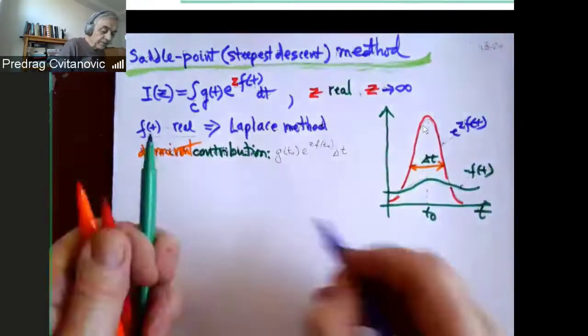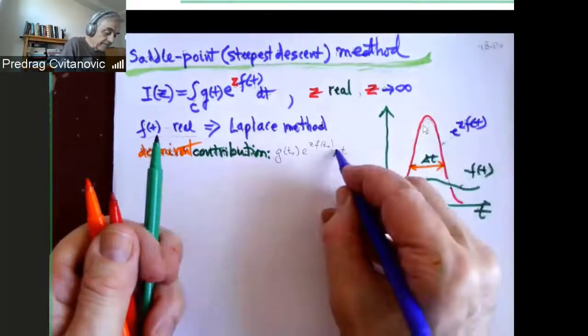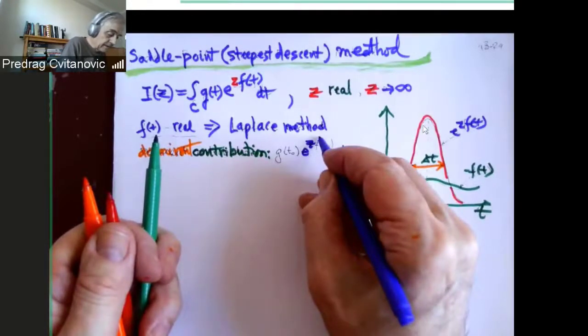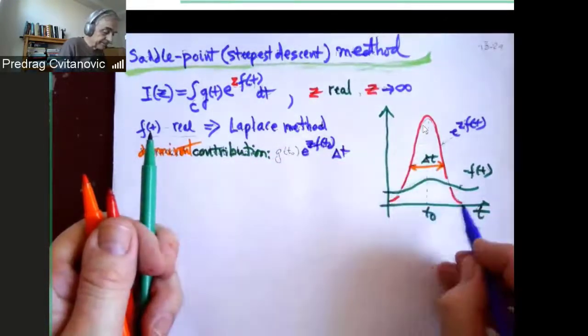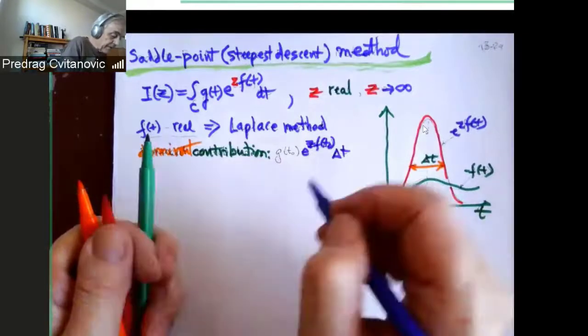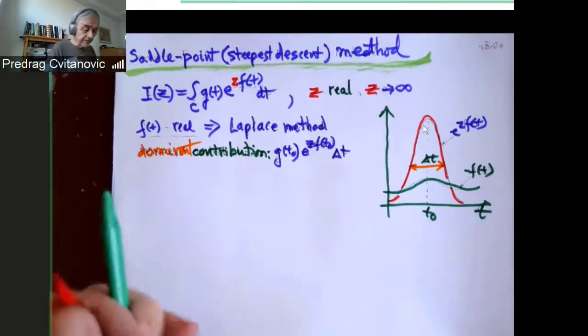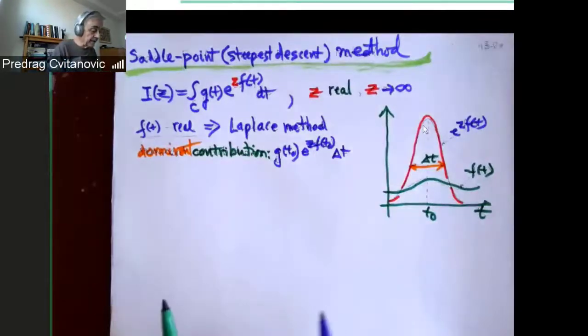So the dominant contribution is at the maximum of this function, so e to the z f at t0. And then there is some prefactor that you also evaluate at that value. And then you start one of these approximation methods, asymptotic series, to start improving this. So this is an estimate of a dominant contribution if the function is real.